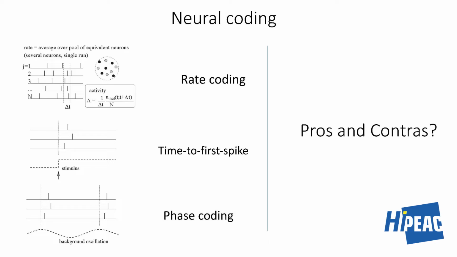You just take the time of the first spike, because if the spike is early, it means that its internal variable, this membrane potential, was very high, and it just booms and crosses the threshold very quickly. If its membrane potential was low, then it took a long time to accumulate input and then to fire. So here, a late spike means a small value, an early spike means a high value.